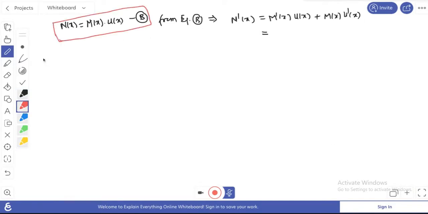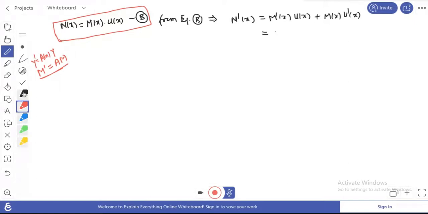Homogeneous system is y prime equals Ax y, and this satisfies your fundamental matrix. You know that this relation you have already used in the previous theorem. What is the value of M prime? So this M is the fundamental matrix of your homogeneous system, so that's why M prime satisfies AM.